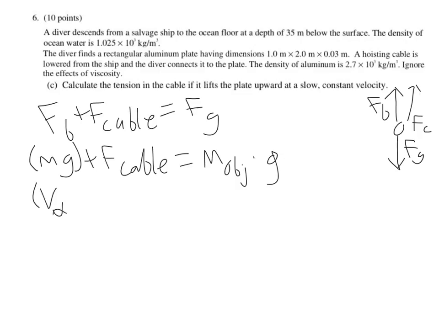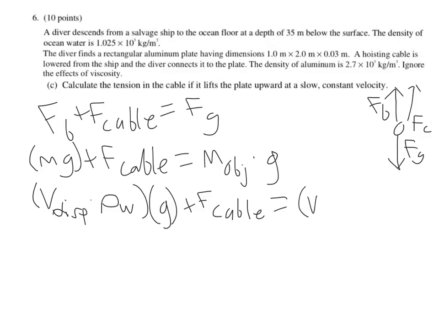Take it further, change mass into the volume of water displaced times the density of water times gravity, plus the force of our cable, equals the volume of our object times the density of our object times gravity.